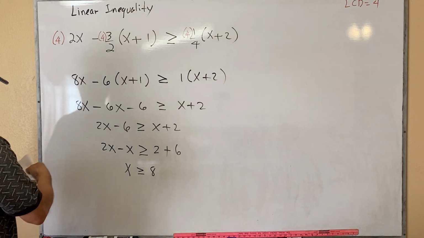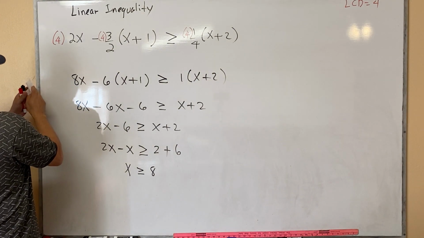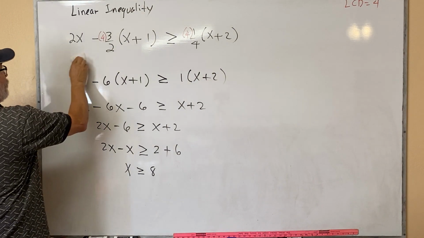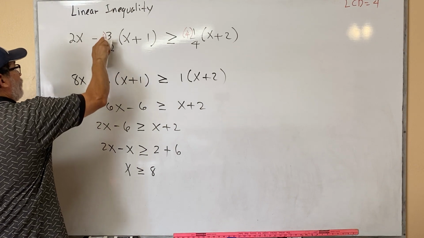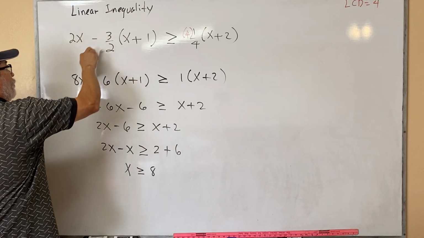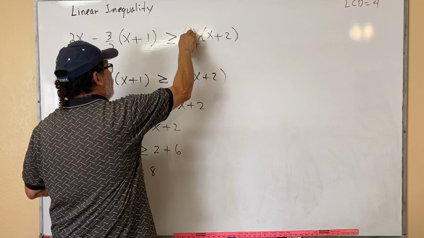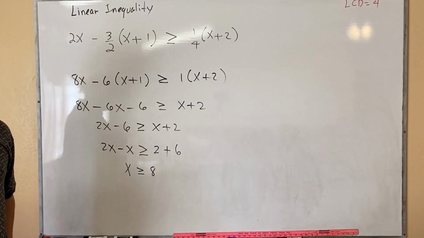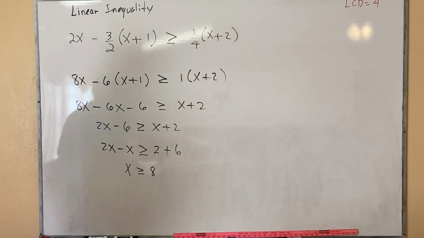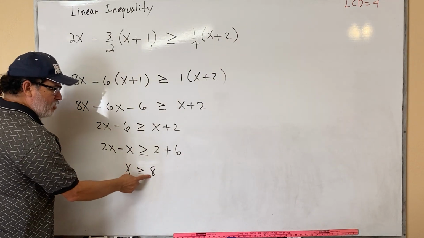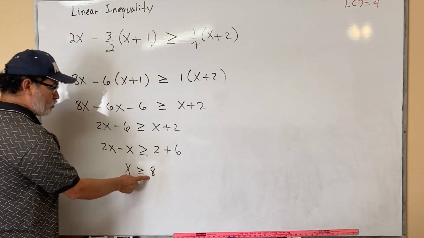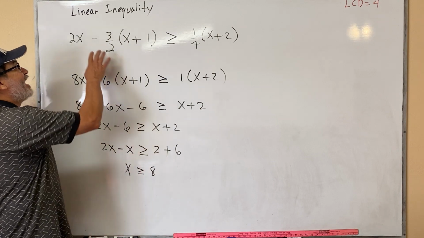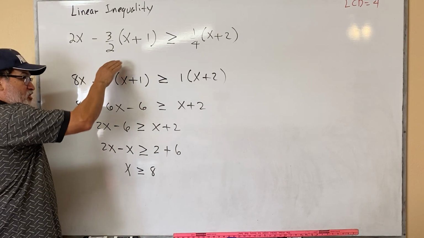So this is the answer to the original problem. What was the original problem? That's the original problem. If you plug in a value that's greater than or equal to 8, this is going to be true.